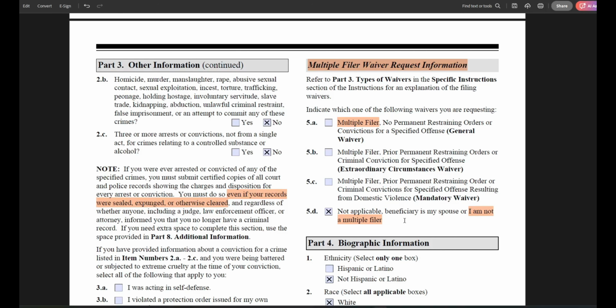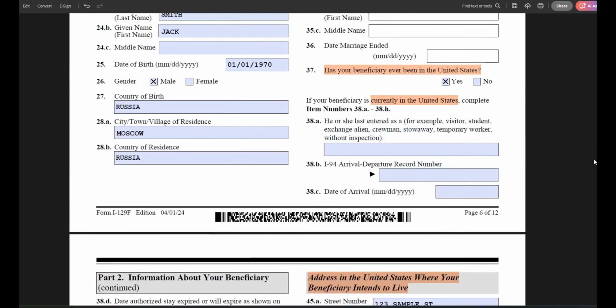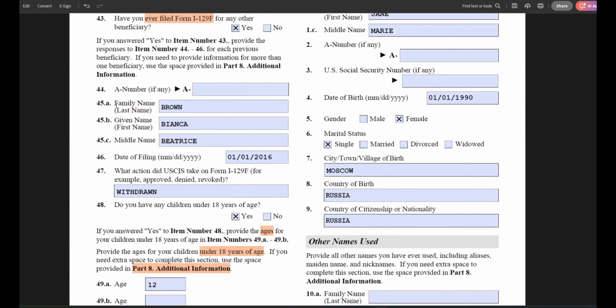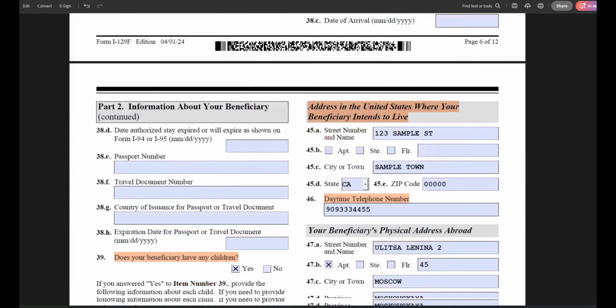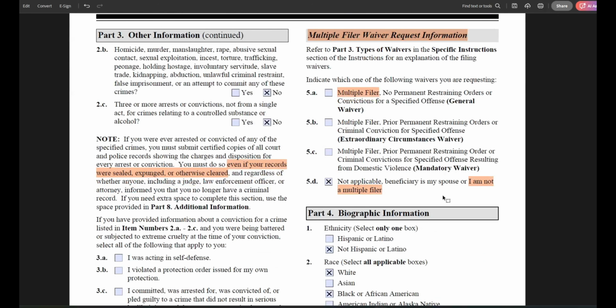And also, this will apply to you if this is your second time filing this kind of petition, like in our case. Even though we have filed for this beneficiary in the past, we still don't need a waiver because this is only our second time filing this kind of petition for an entirely different person.